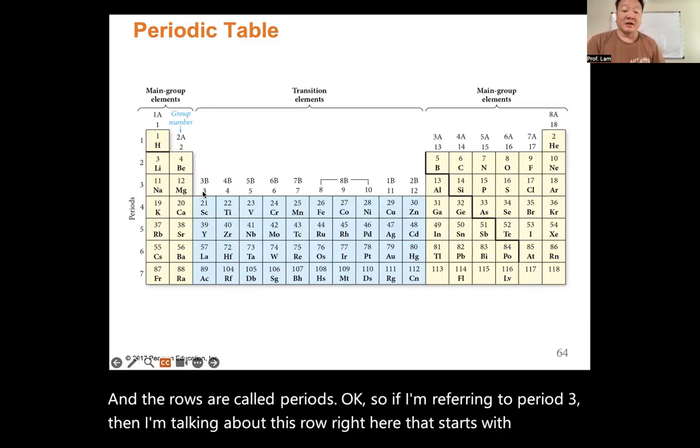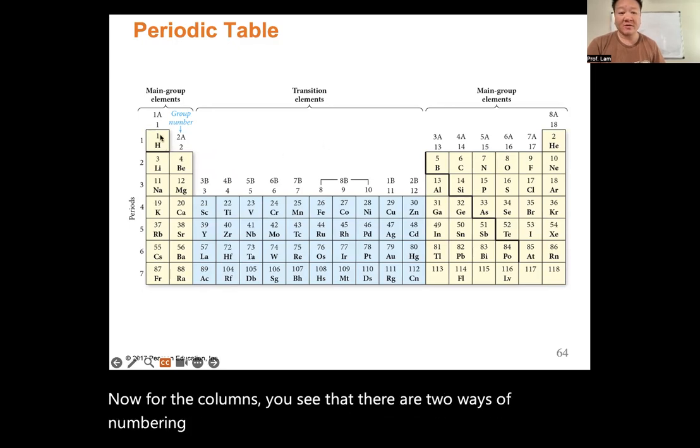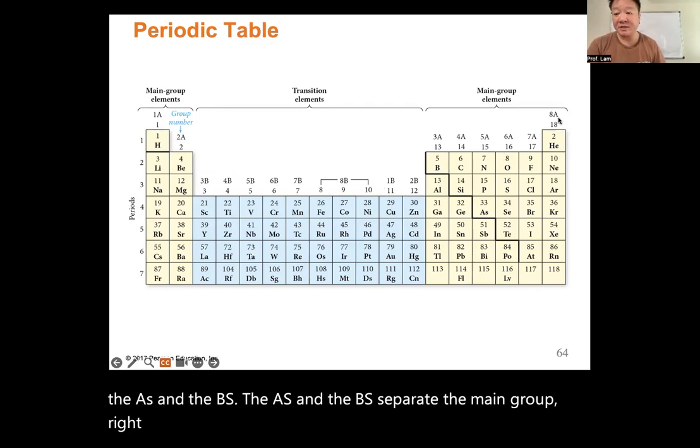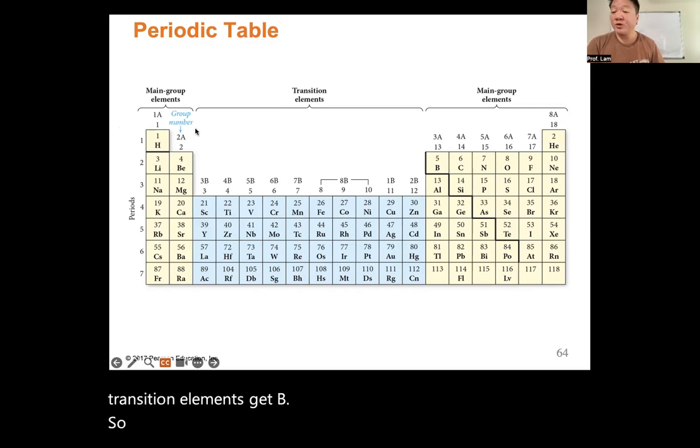Now for the columns, you see that there are two ways of numbering. You have just 1 through 18, but you also have the A's and the B's. The A's and the B's separate the main group. The main group gets A behind the number, and then the transition elements get B. So that's the numbering I'm going to use.